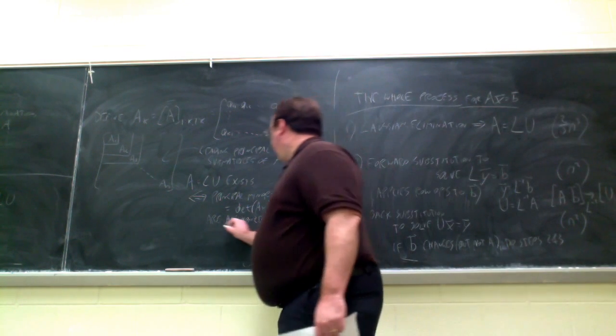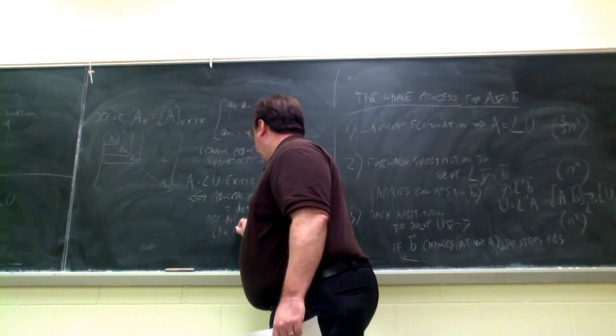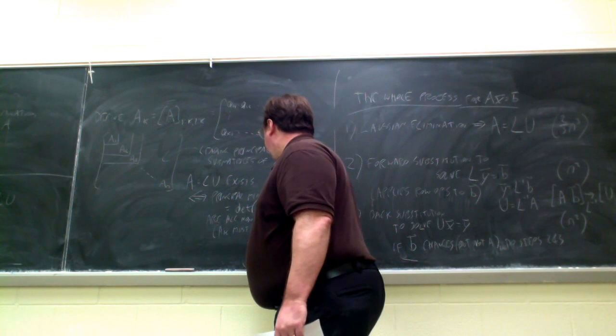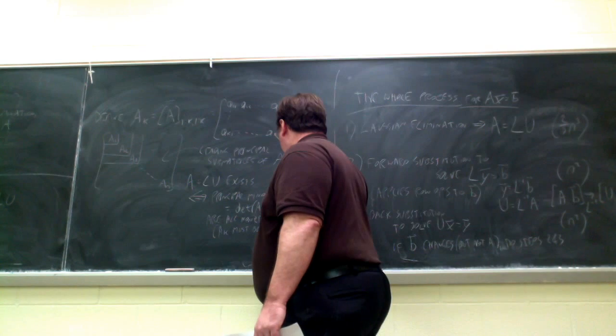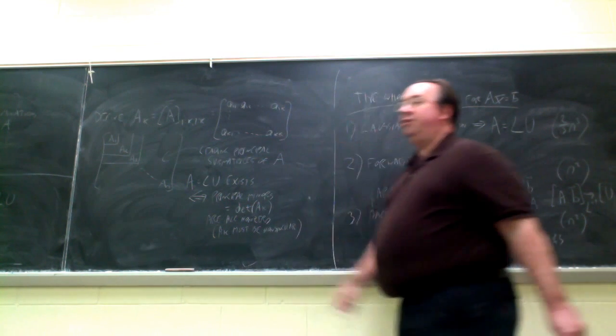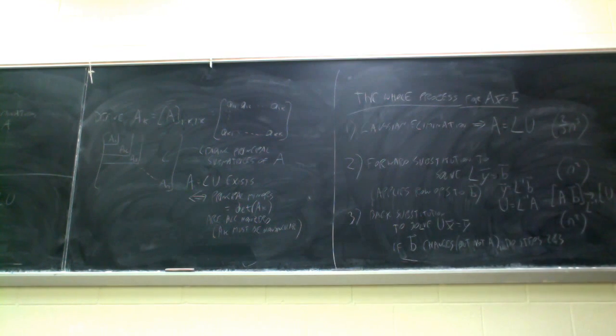So in other words, all these leading principal submatrices have to be non-singular for this to work. A1 is just the 1-1 entry, so that has to be non-zero.